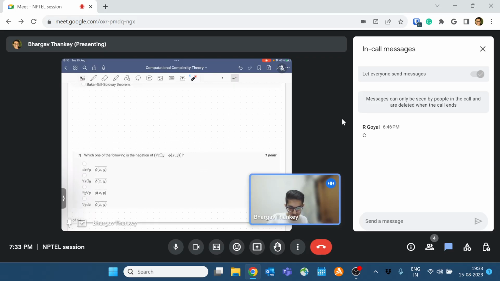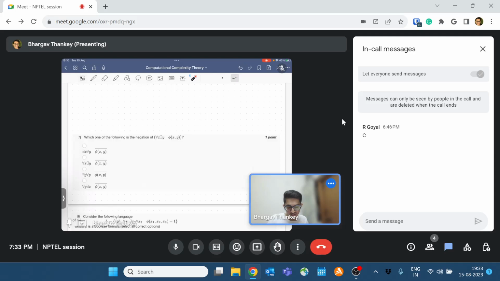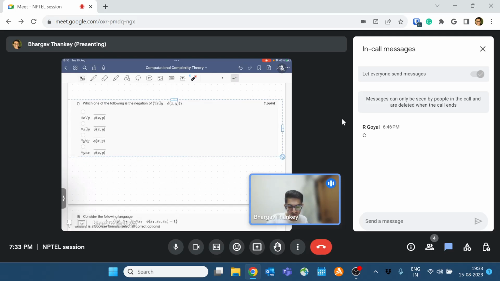Okay, so the next problem is: which of the following is the negation of for all x there exists y phi xy? There exists x for all y phi xy complement. For all x there exists y phi xy complement. There exists y for all y phi xy complement, and for all y there exists x phi xy complement.